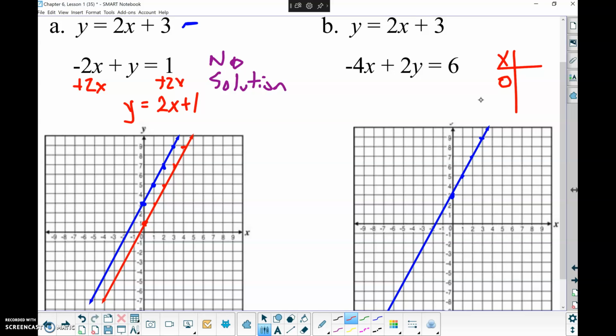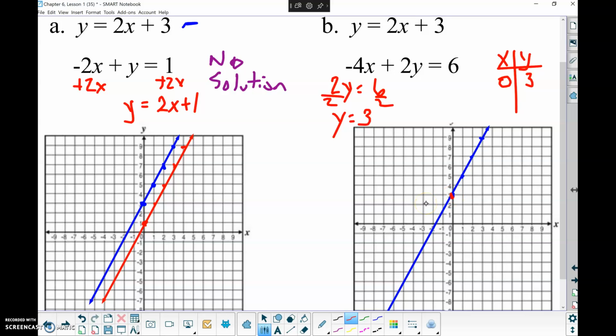Because if I let x equal 0, I can cover up the negative 4x and solve the equation 2y equals 6. And if 2y equals 6, what does y have to equal? 3. Right? Divide both sides by 2. So I'm going to 0, 3. And I'm going to plot that point.